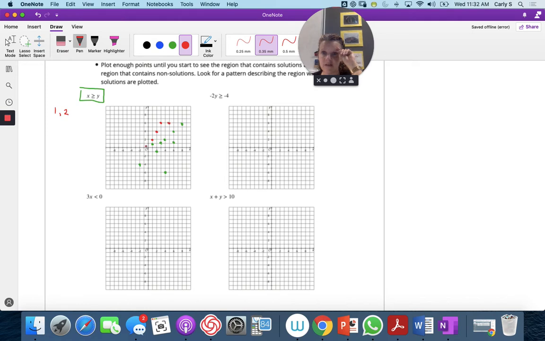In fact, let's do some negatives. -2, 4. No. -6, positive anything. This whole area is going to be a no. Just like this whole area, this quadrant will be a yes.